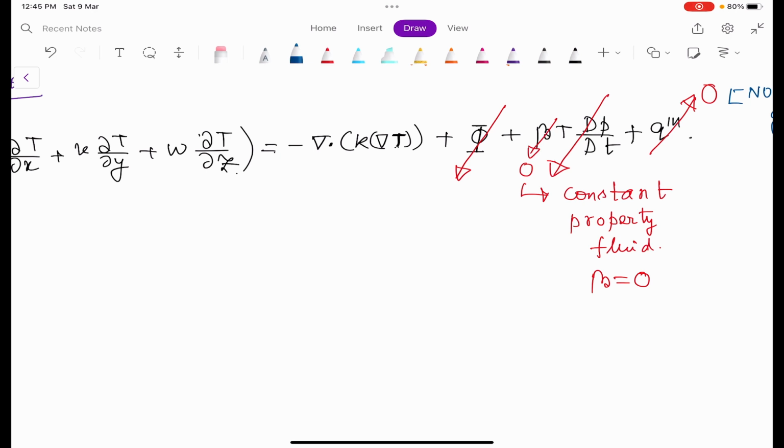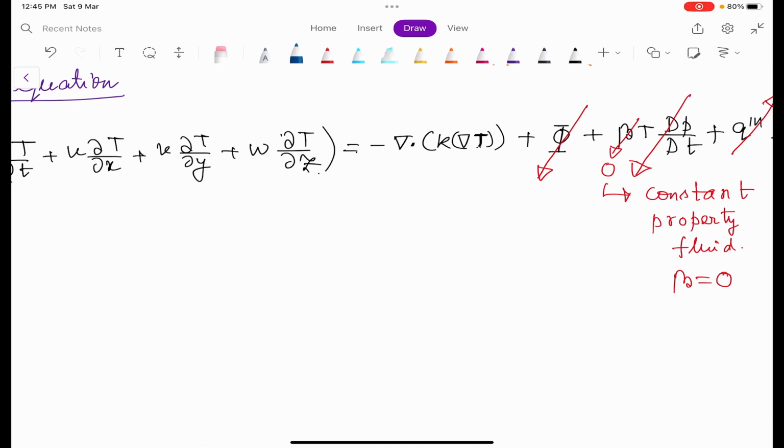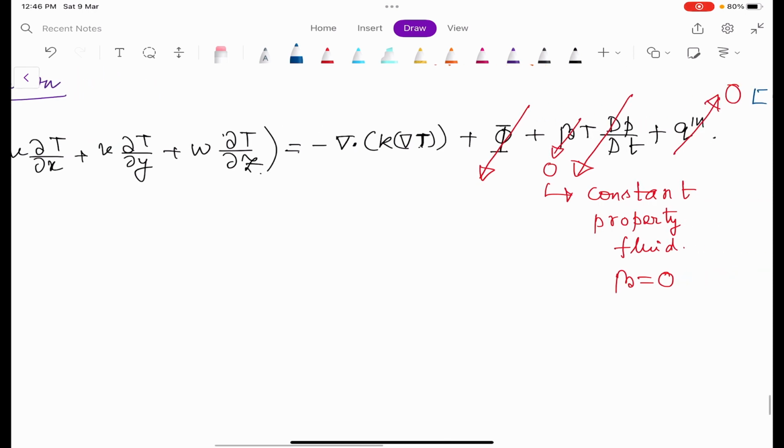If we non-dimensionalize this, that I will show in the later parts, then some numbers like Eckert number will be here. So if Eckert number is much less, then we can neglect the viscous dissipation. Okay, so here we are simply neglecting the viscous dissipation.